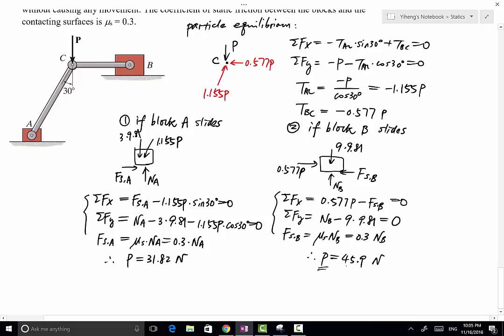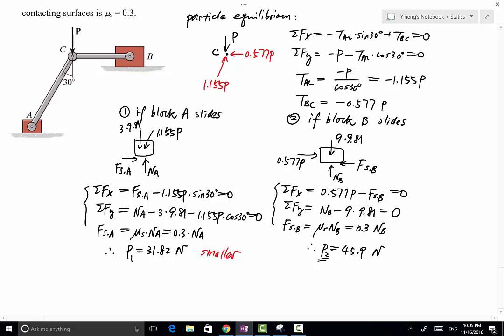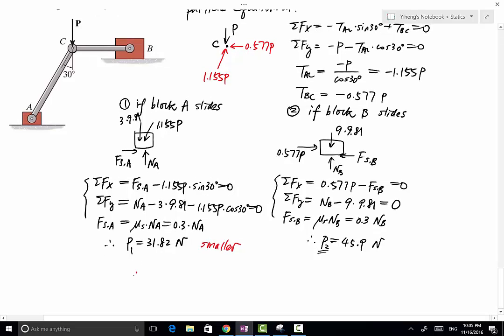Now we compare these two, and we realize that if this is P1 and this is P2, then P1 is the smaller one, which means that it's easier to make block A move than to make block B move. Therefore, this is the final answer.